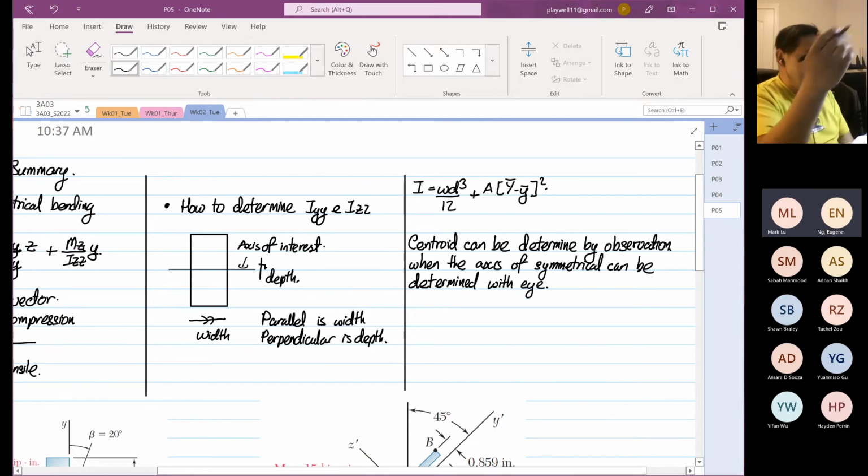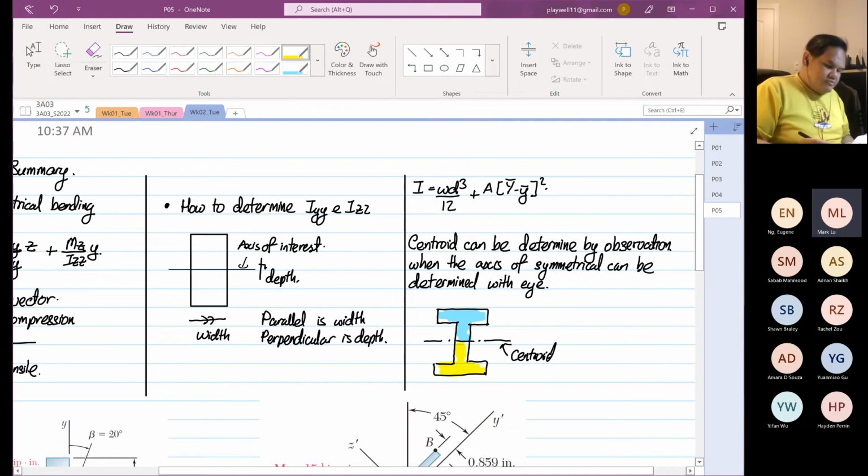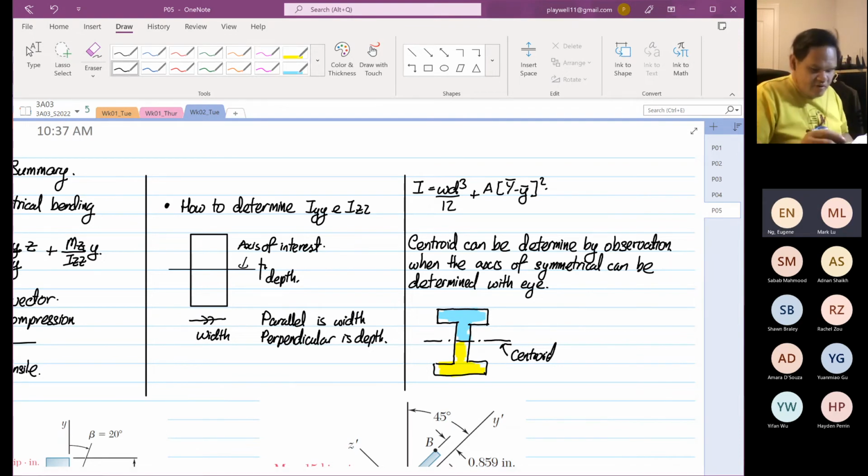Okay, by observing basically. Like for example, if you have an I, so draw an example for yourself. If you have an I, right, you know that this is the centroid, because the area at the top and the area at the bottom are the same, right? You can observe by symmetry. You don't need to do like finding the area or not.